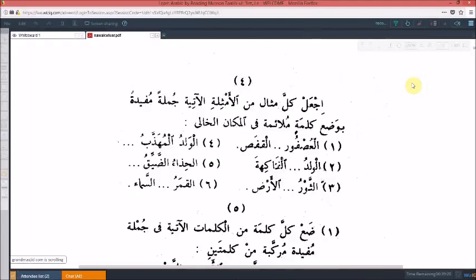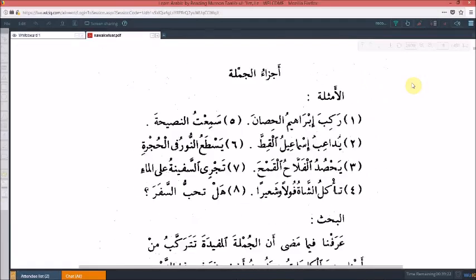Okay, this is a bunch of examples. Let me scroll down to the next page. This file is so big it's hard to scroll down. We see all of those are built up of either 3 words or 2 words, right?